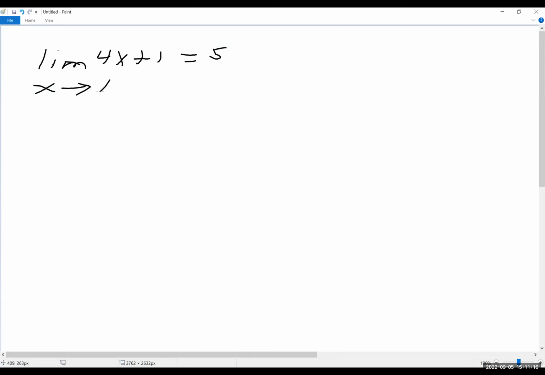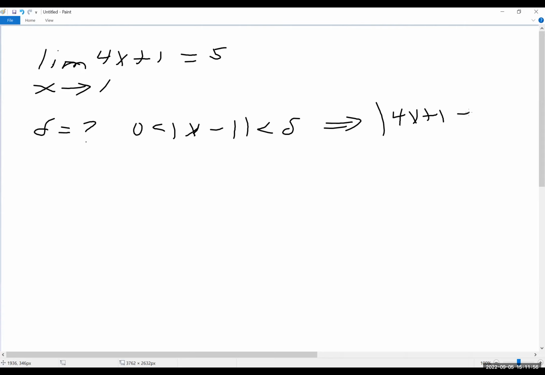Again, remember that we need to choose a delta that meets the specification that if the absolute value of x minus 1 is less than that delta, then what we are trying to show is that f of x, which is this function, minus L, is less than epsilon.